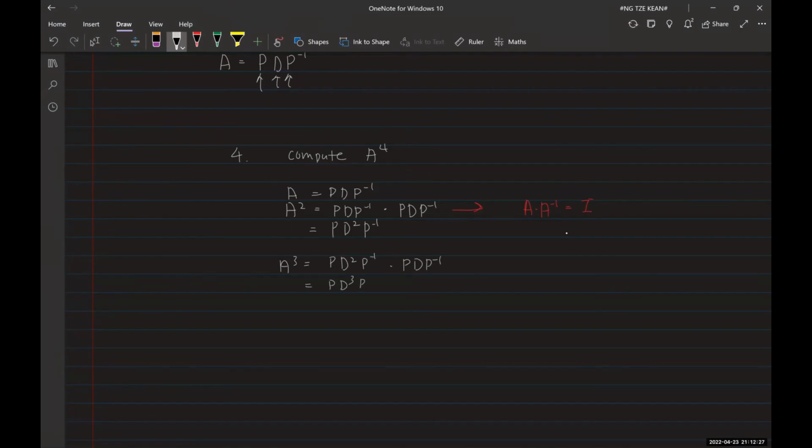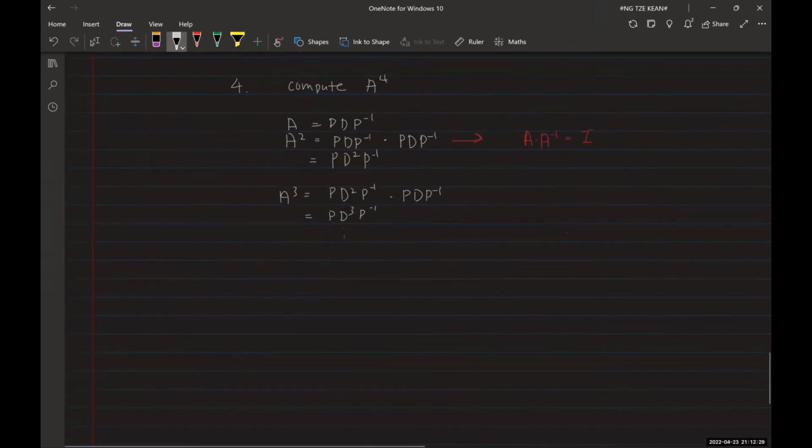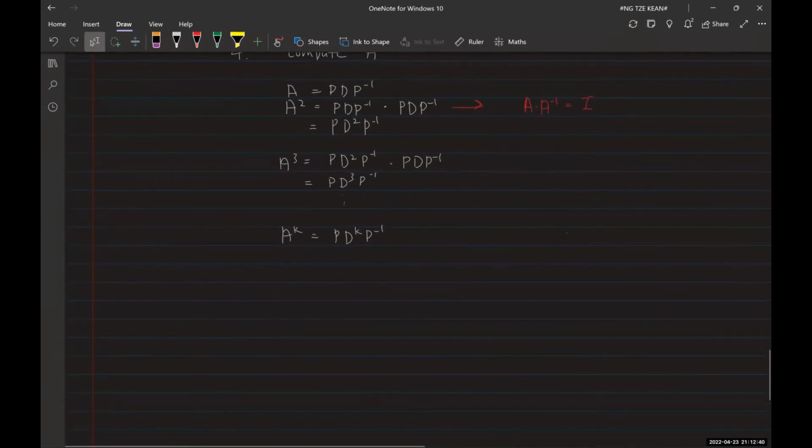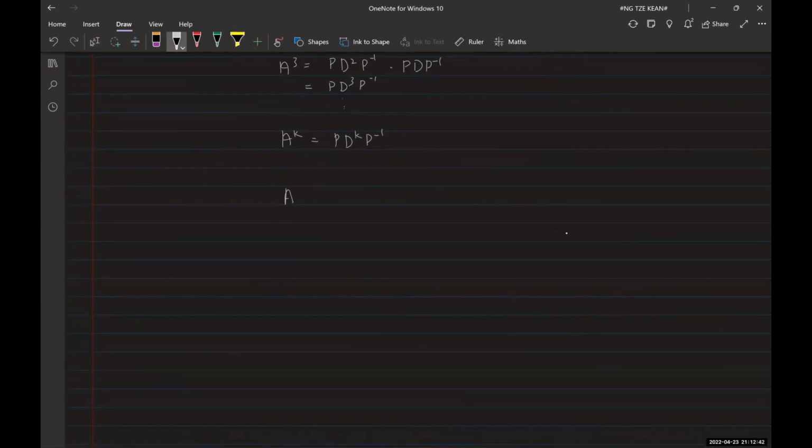And we will see that this can hold true here too. And if you solve by induction, you will then get A to the k equals P D to the k P inverse. Okay, so any powers of A is really simple to calculate. So now we want A to the power 4. So that's simply this.